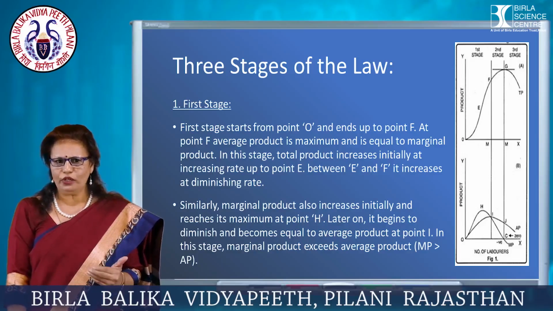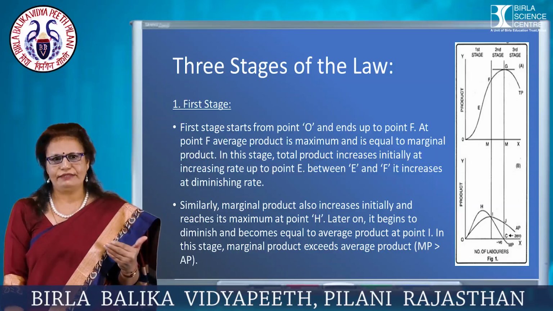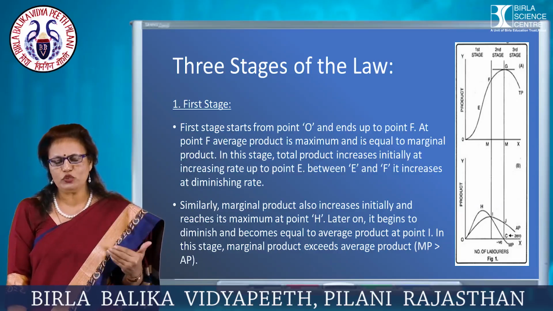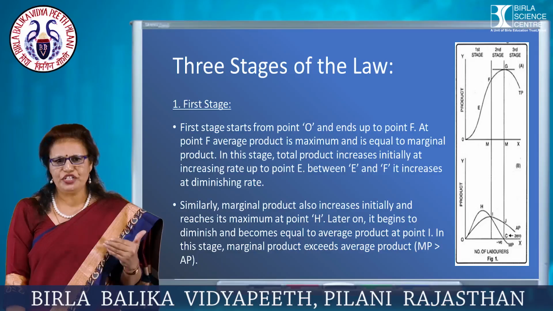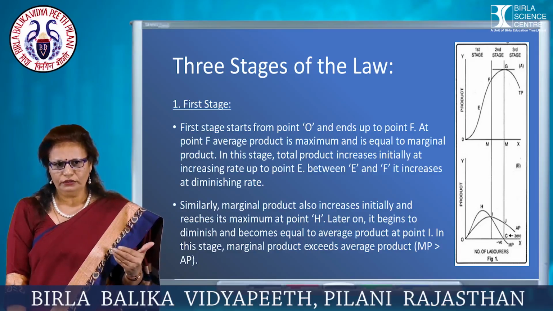Similarly, marginal product also increases initially and reaches its maximum point at H. Later on, it begins to diminish and becomes equal to average product at point I. In this stage, marginal product exceeds average product.